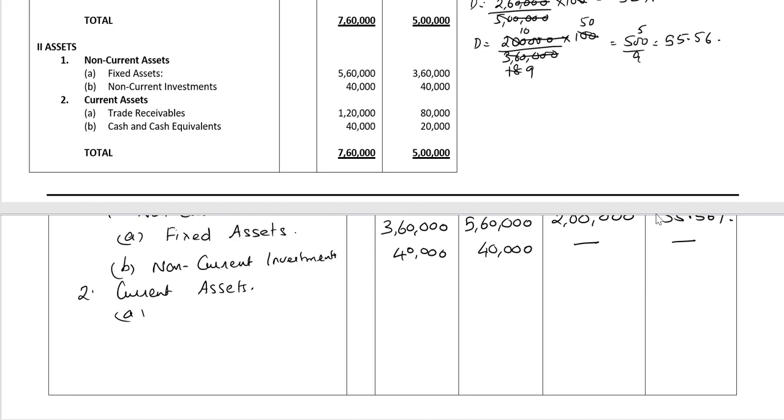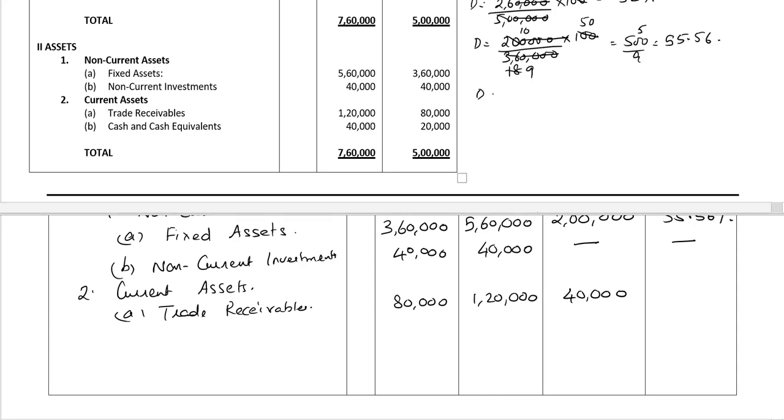We have A, trade receivables. First column is 80,000, 1,20,000, difference 40,000, and the column D is 40,000 divided by 80,000 multiplied by 100, which is 50%.